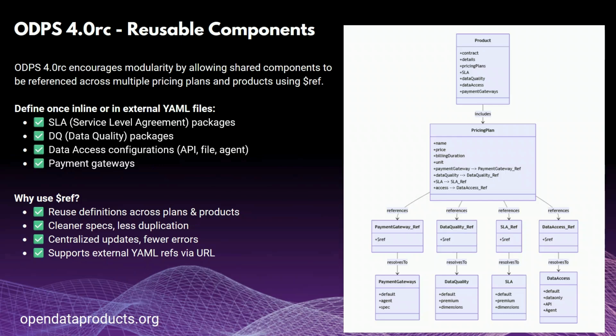For example, if you define the data quality in one external file, the different profiles, and you use it in multiple data products, you update it in one place and it applies to all of the data products. So this results in fewer errors and misalignment inside the company and in the portfolio. And this is enabled by supporting external YAML referencing from the spec itself. We'll look into this, but this is the principle of the components.